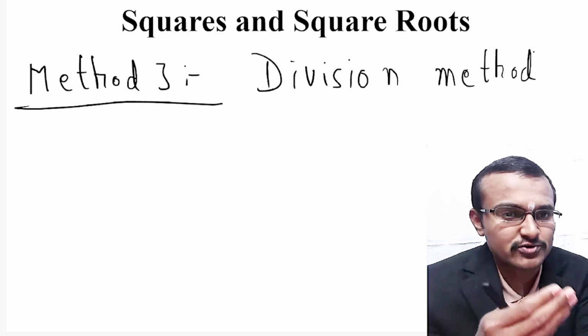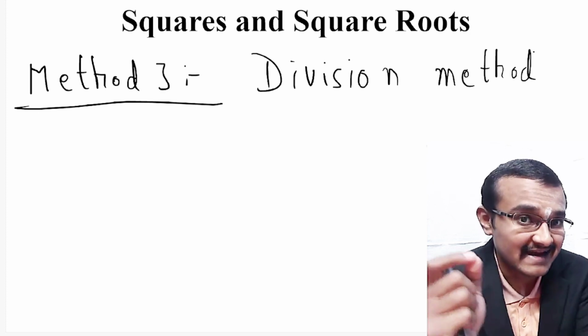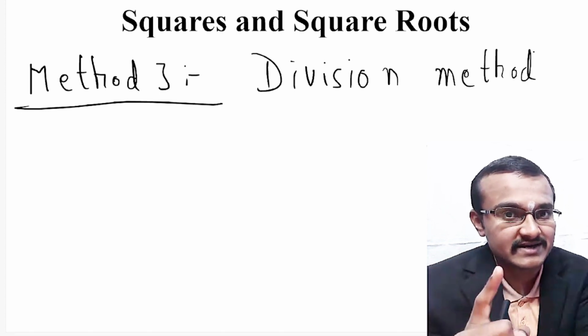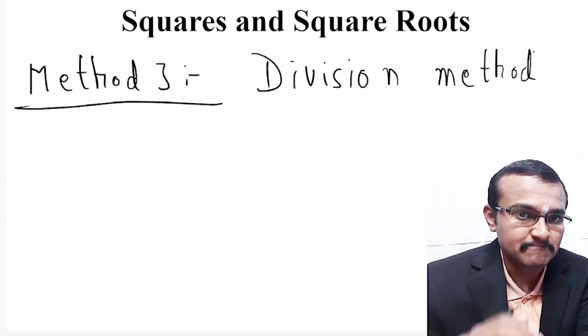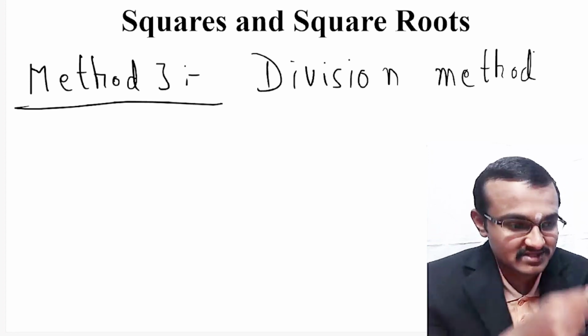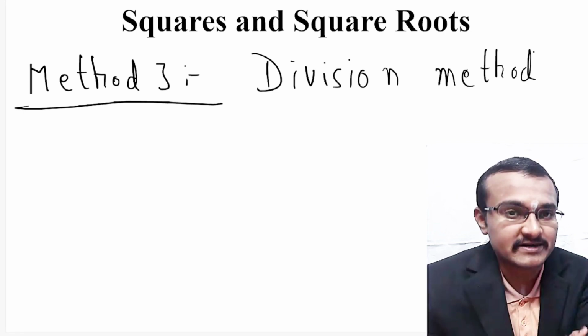You can just go on doing 1 square, 2 square, 3 square, 4 square, like that. At 9 square you will get 81, and at 10 square you will get 100. So from 1 to 10 you just need an idea of the squares of those numbers, and you'll get the perfect squares between 1 to 100.